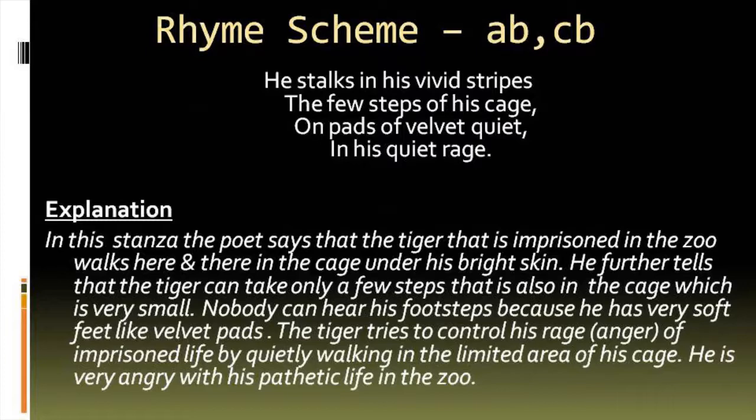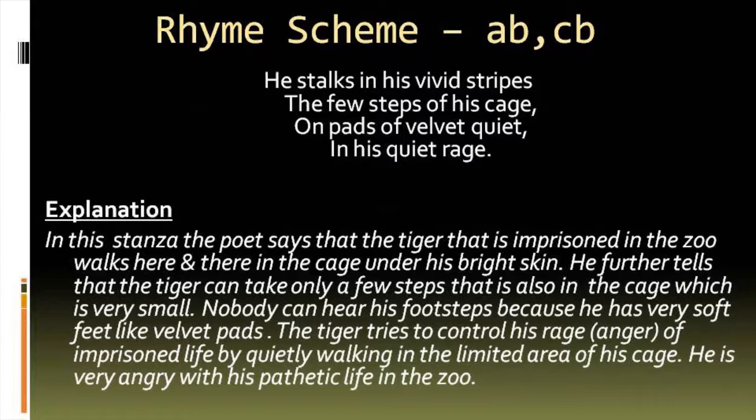The tiger is the animal which moves around the forest, who is considered very powerful, very free, not scared of anyone, moving around the whole forest. But now he is imprisoned. He is in the cage. So that's why he is walking few steps on pads of velvet quiet.